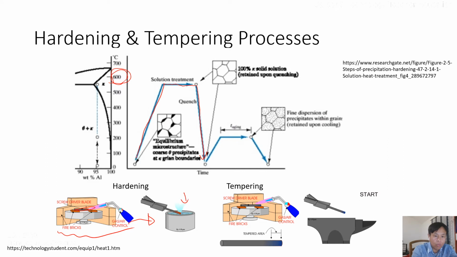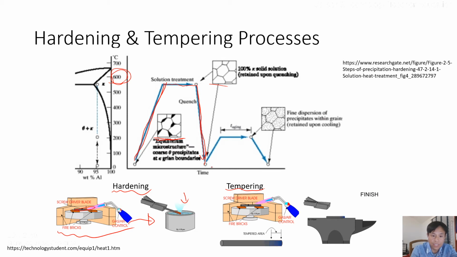While we heat the material, the internal structure changes as if the metal is molten, right? And then with immediate, very rapid cooling, it solidifies, which makes the material harder. That's the hardening.